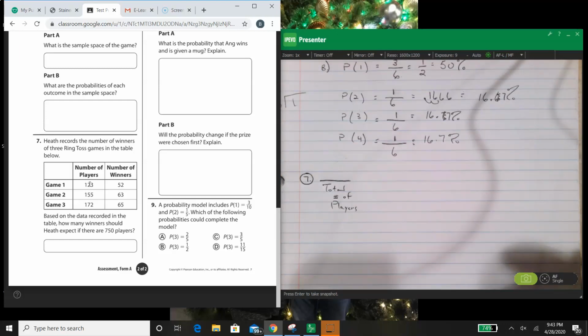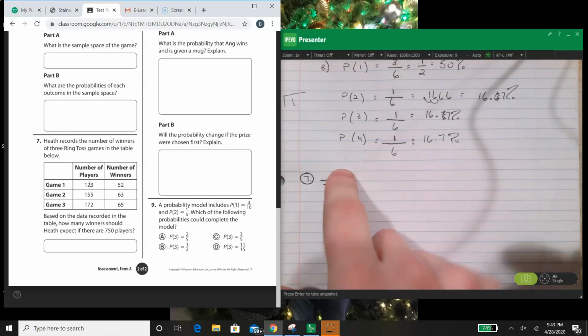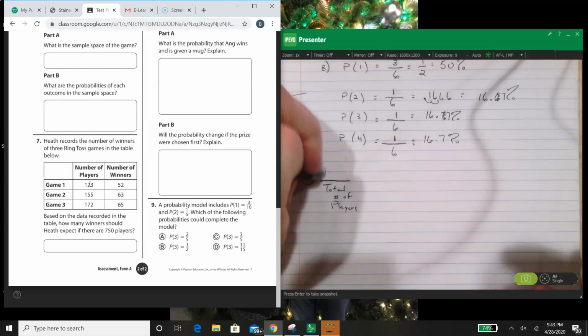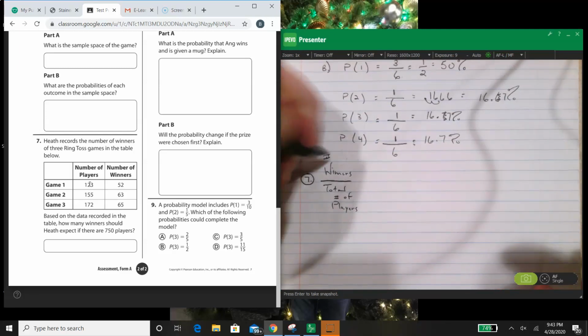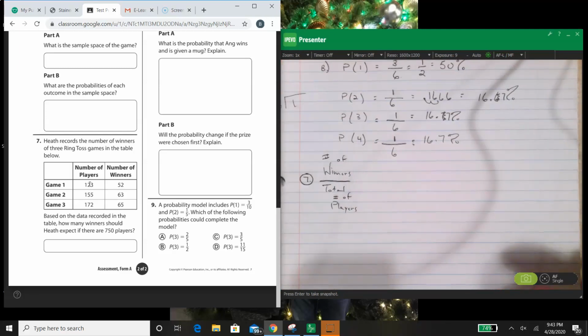So what do you think your top answer is going to be? Well, let's put it this way. What if I had a game where 2 people played and I had 1 winner? Well, the probability of winners would be 1 over 2. Well, what went in my numerator? That is my winners. So the number of winners that you have is going to be your numerator.